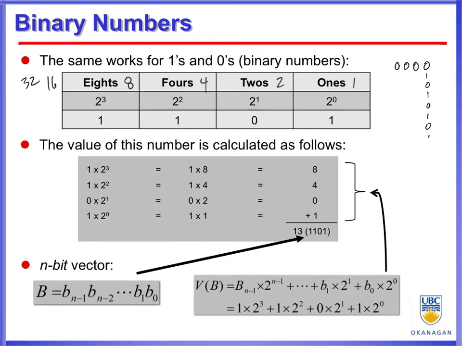The second least significant bit also alternates, but in groups of 2. So it would be 0, 0, 1, 1, 0, 0, 1, 1. And then the next bit alternates, but in groups of 4: 0, 0, 0, 0, 1, 1, 1, 1.